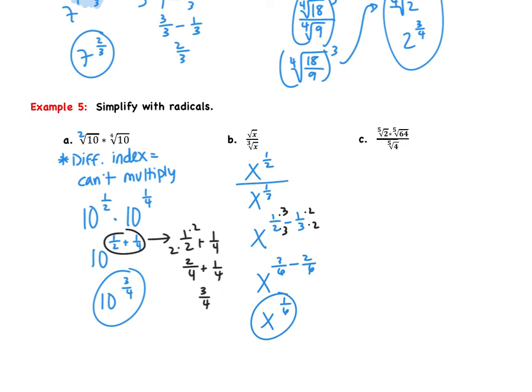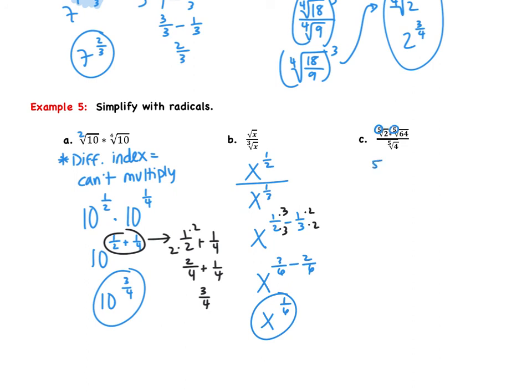Okay, last one that we're going to do together is part C. We have the fifth root of 2 times the fifth root of 64 divided by the fifth root of 4. Okay, so the first question is, can we multiply all of those and divide? In this case, yes, because we have the same index. Very convenient.